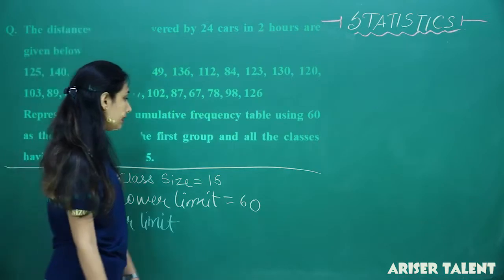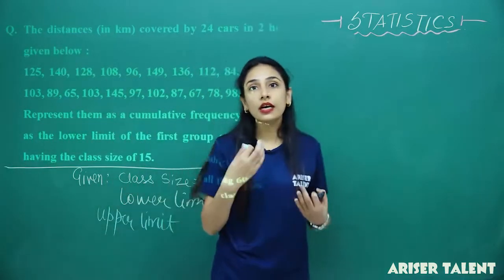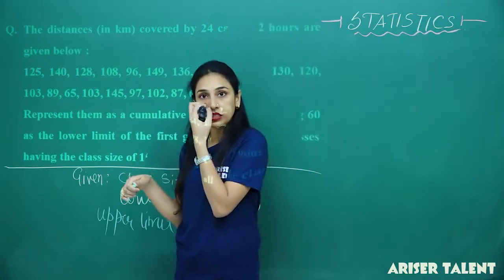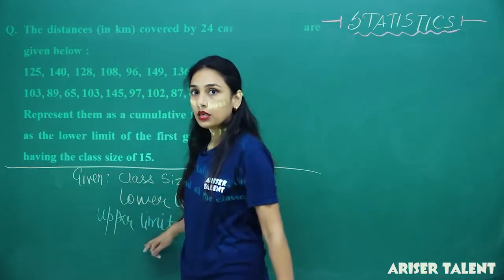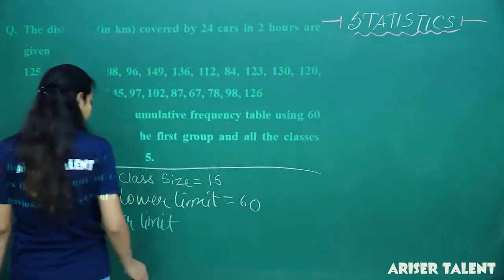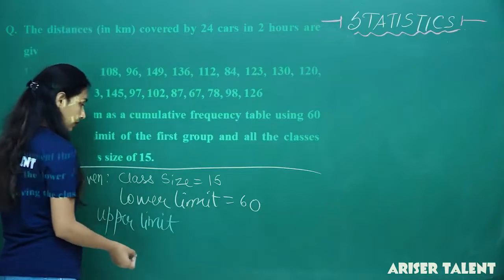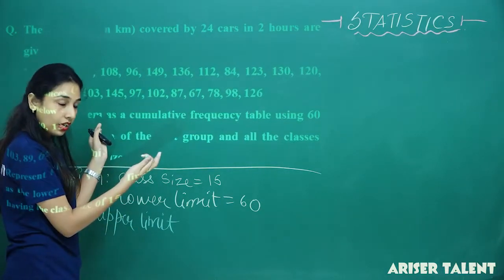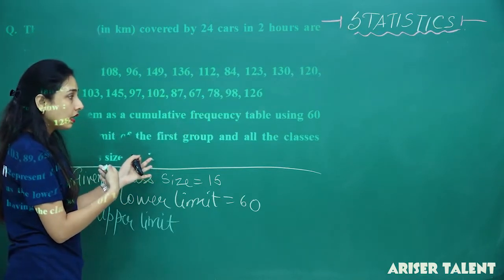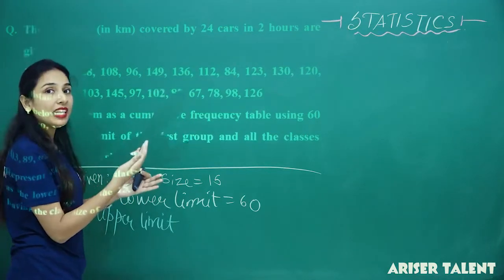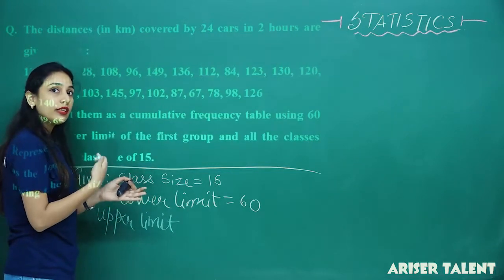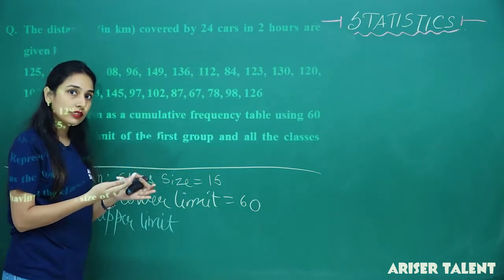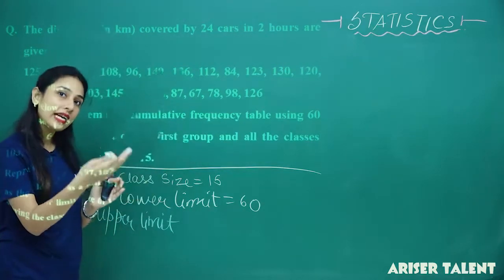We haven't studied it. So these are so basic formulas. With the theory only you can have this: if you subtract the class size from the upper limit, you will get the lower limit, and if you add the class size to the lower limit, you will get the upper limit.